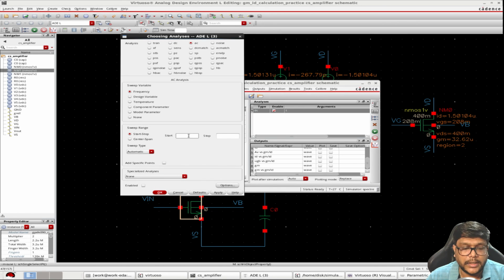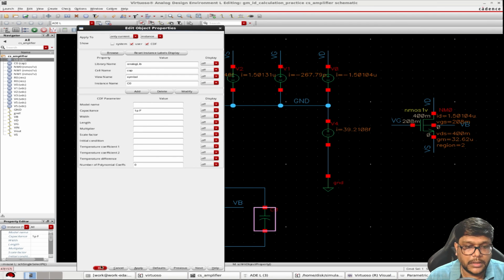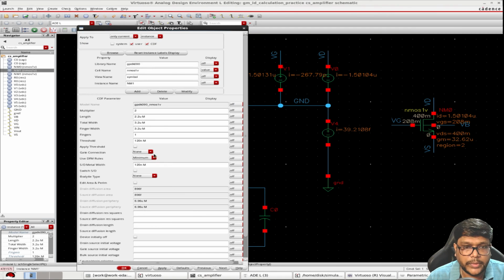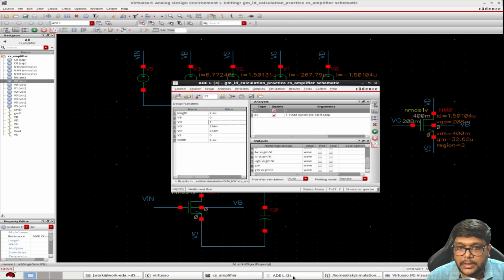I need an AC analysis from 1 Hz to 100 megahertz. Let's see, this capacitance value is 1 picofarad. Okay, good. So 100 megahertz, and all these other things do not matter now. What matter are 3.2 and this is 159 or 160. Okay, let's do a run. Let's check. Fingers crossed.